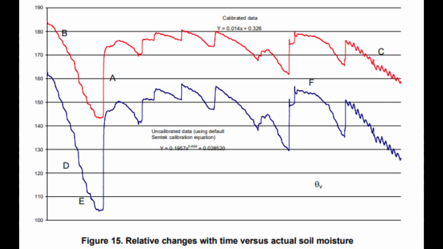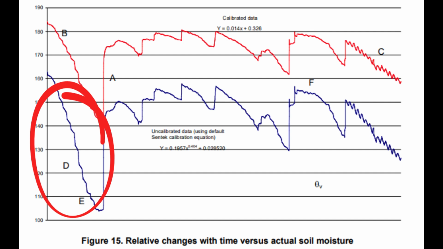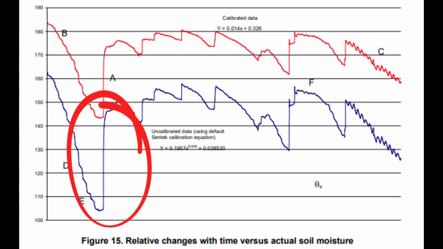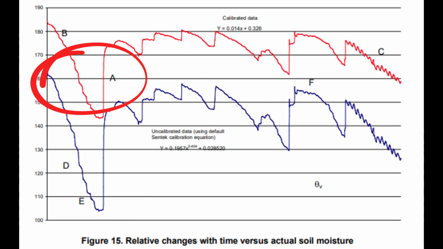Now, if you get really specific, you may see a bit more of a drop here, a bit more of a rise here, a bit less there, a bit less here. But the curvature of this line, the decrease in soil moisture, the increase in soil moisture, is at the same curvature even though it's not calibrated.